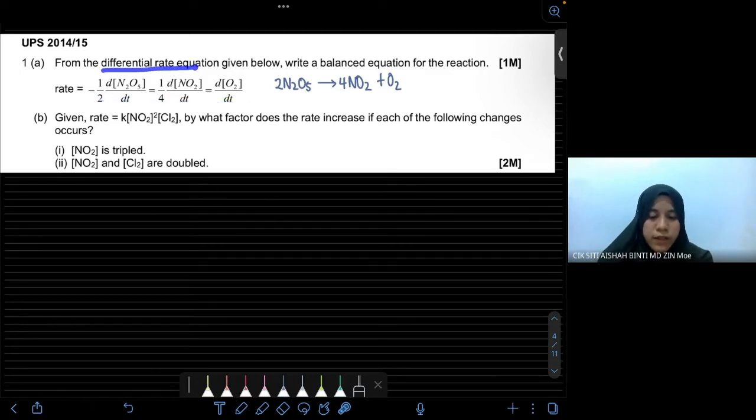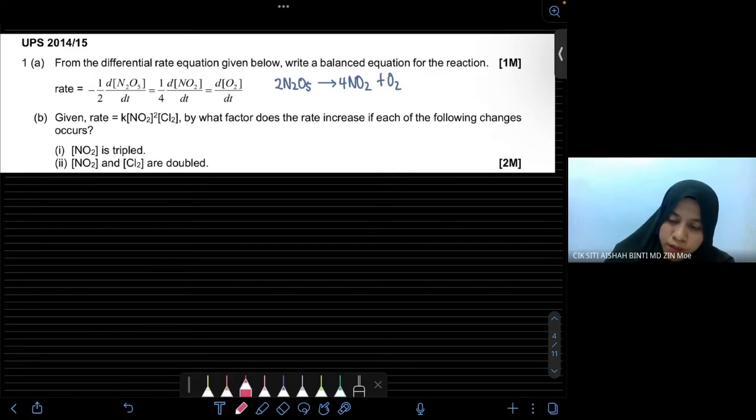Differential rate ni, differential rate dia d over dt lah. Kalau contohnya dari sini, kalau kita nak write down rate law, okay, this is differential rate equation. Kalau rate law pula macam ni. Kalau rate law, based on this equation, kita tahu rate law is equal to rate constant times the concentration of the reactant raised to some power.